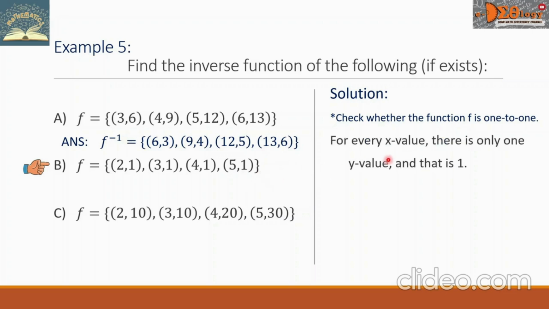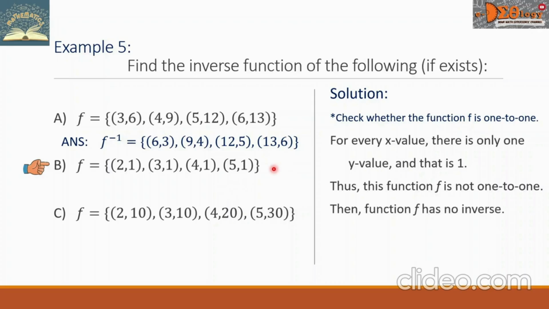Observe that for every x value, there is only one y value, and that is the value 1. See (2, 1), (3, 1), (4, 1), (5, 1). For that reason, this function f is not one-to-one. And in that case, this function f has no inverse. So for problem B, we write no inverse.